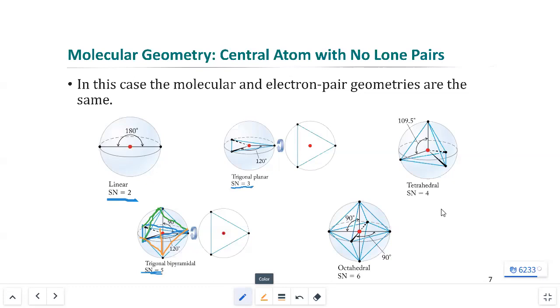That's why it's called trigonal bipyramidal. So the reason we can't just stop at trigonal is because it's not specific enough. There are 2 different shapes that are triangular in shape. One's 2-dimensional, we call it planar. One's 3-dimensional, we call it bipyramidal because there are 2 pyramids that form as a result.